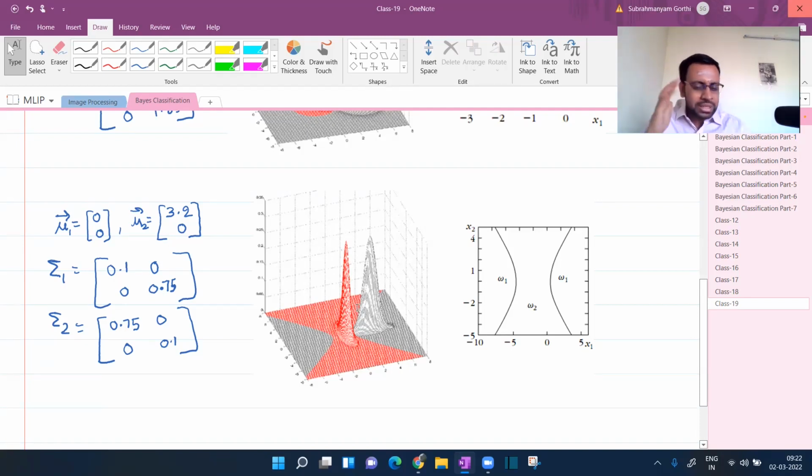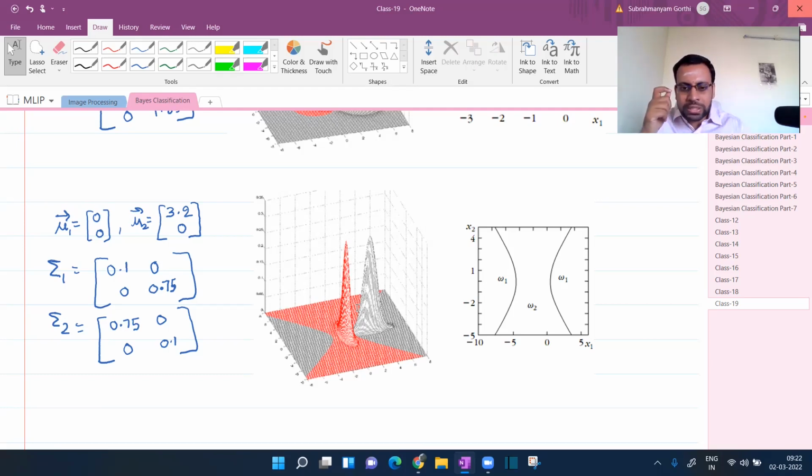And mathematically, anyway, we have seen to an extent why we get parabolas, hyperbolas, ellipses and all these things. If L is greater than 2, you will get ellipsoids and hyperplanes. But again, here iso curves for 0 are plotted, and that's what you would get. And what is the shape of the iso curves for the value of 0?